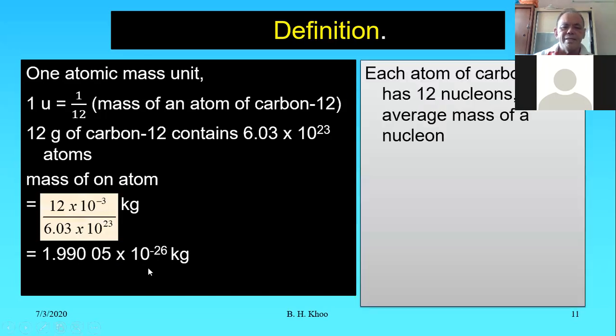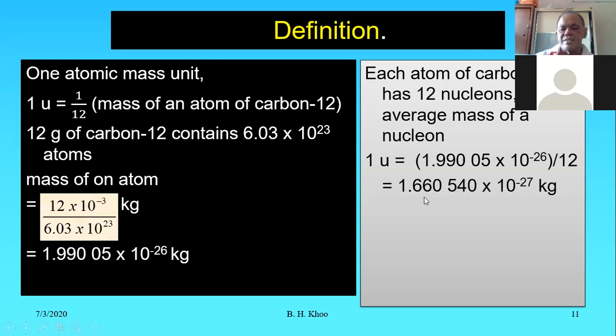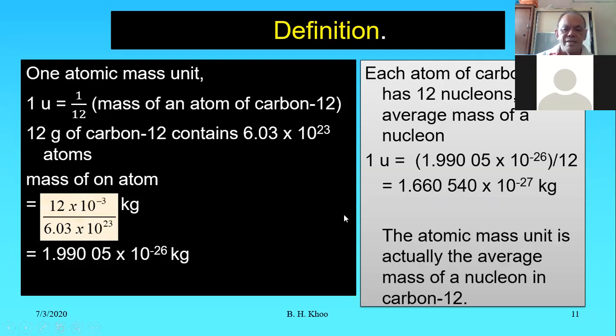Remember that carbon-12 has 12 nucleons. So for the average mass of a nucleon, we divide by 12, and we get 1.660 times 10 to the power minus 27 kilogram. Okay, as we have stressed, the atomic mass unit is the average mass of a nucleon in carbon-12.